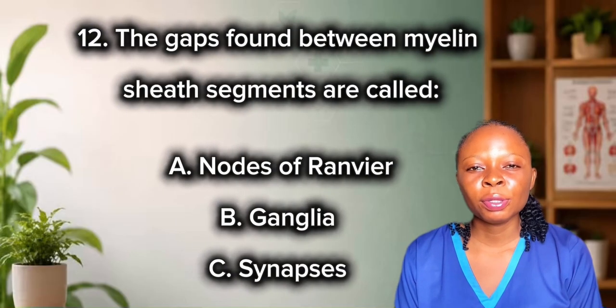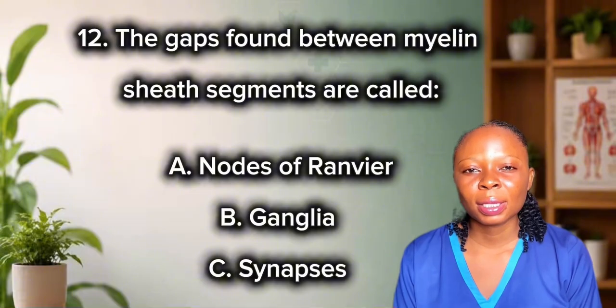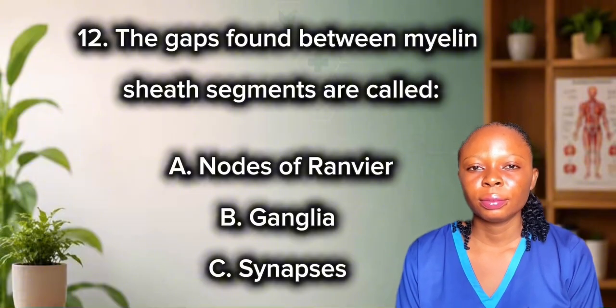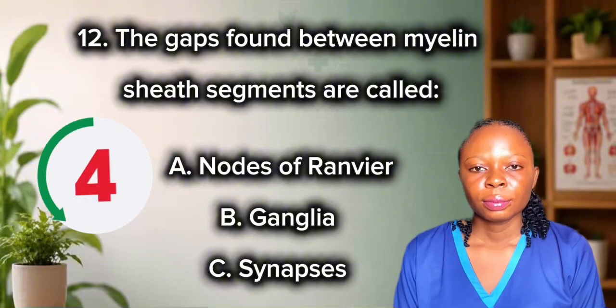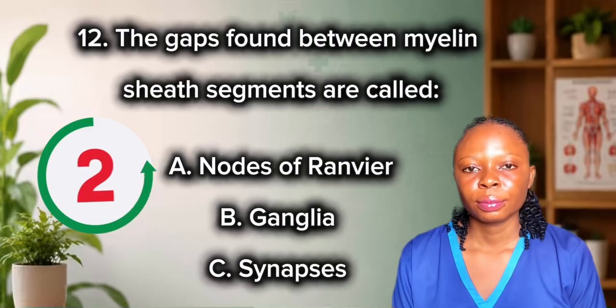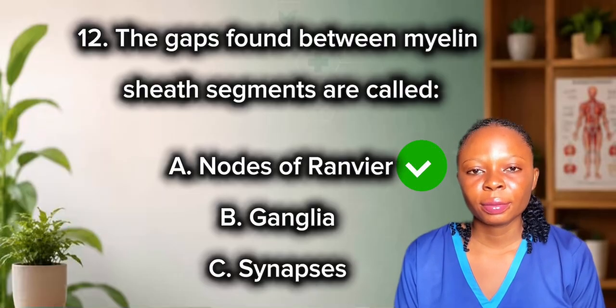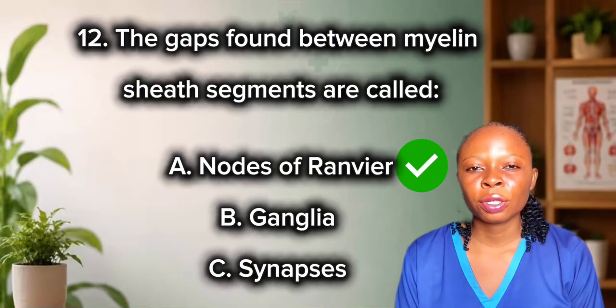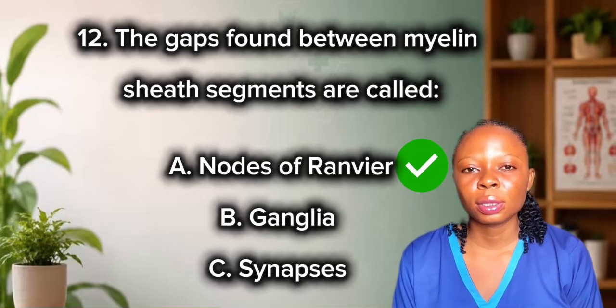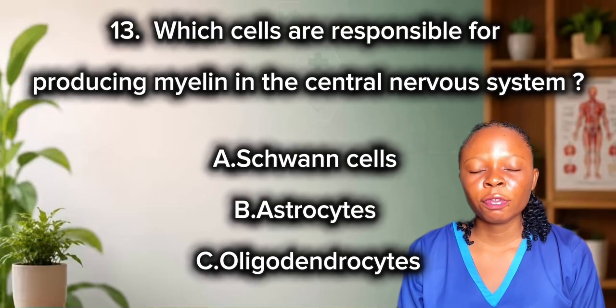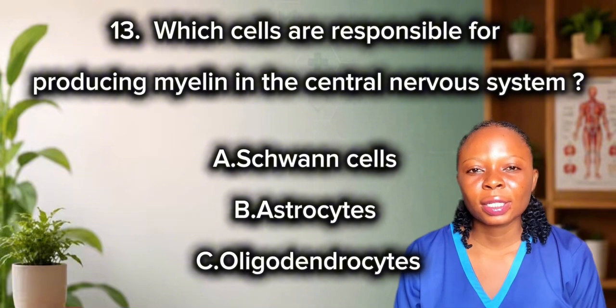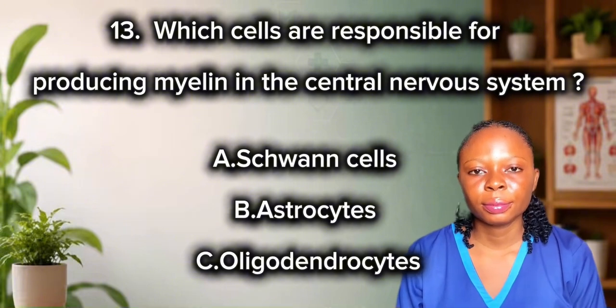The gap found between myelin sheath segments are called nodes of Ranvier. It allows rapid conduction of nerve impulses. Which cells are responsible for producing myelin in the central nervous system?